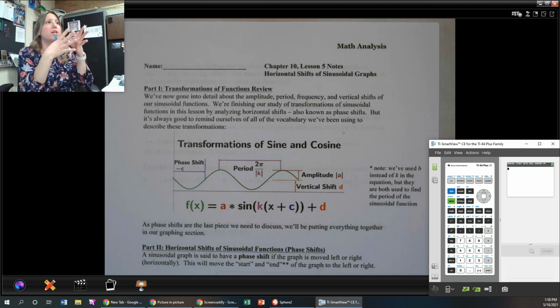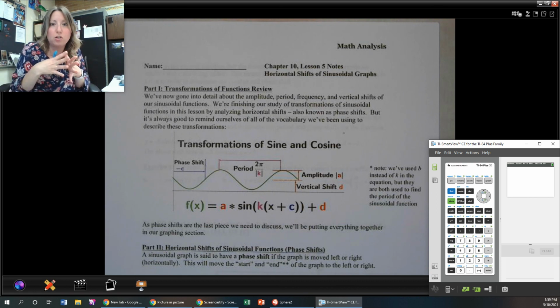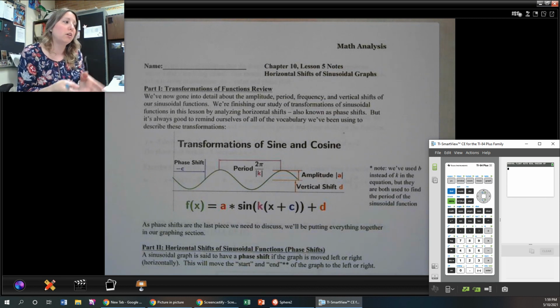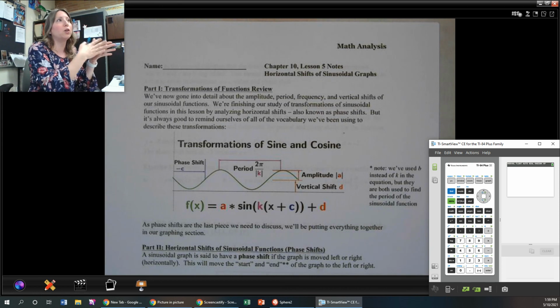Our period, we can stretch the graph out this way, or shrink it closer, make it real close together. The vertical shift, move it up and down, which also moves the midline up and down. But the phase shift moves us away from the y-axis for the start of our typical period.